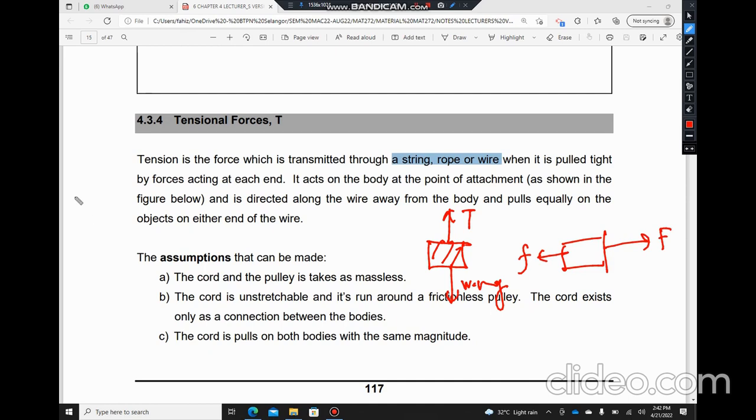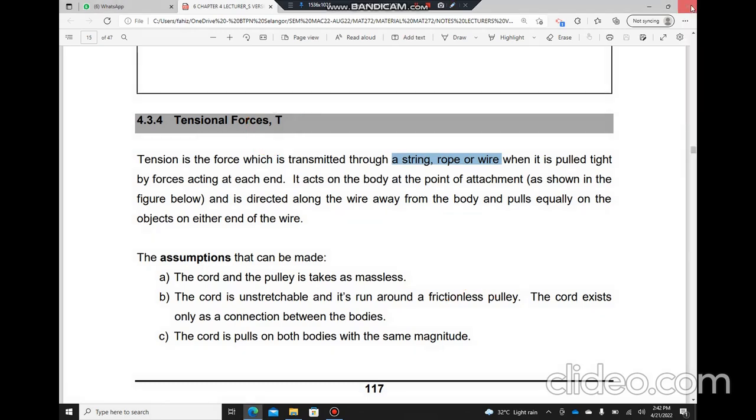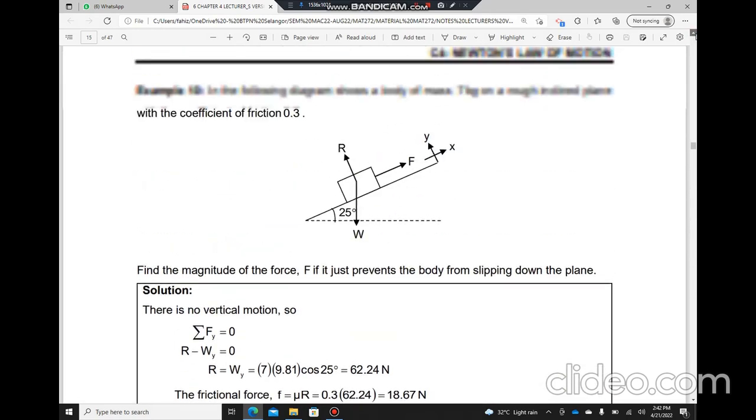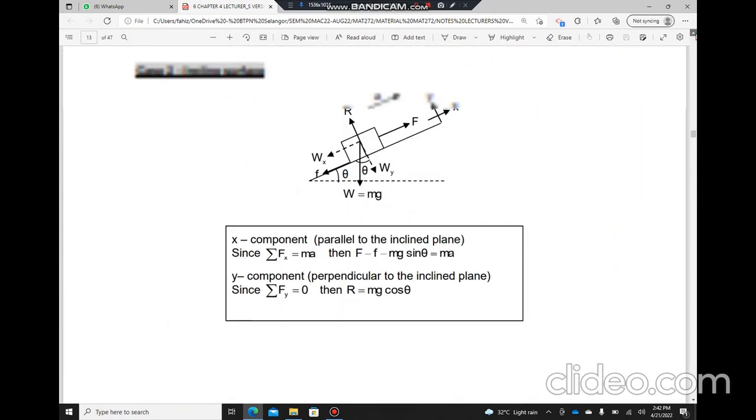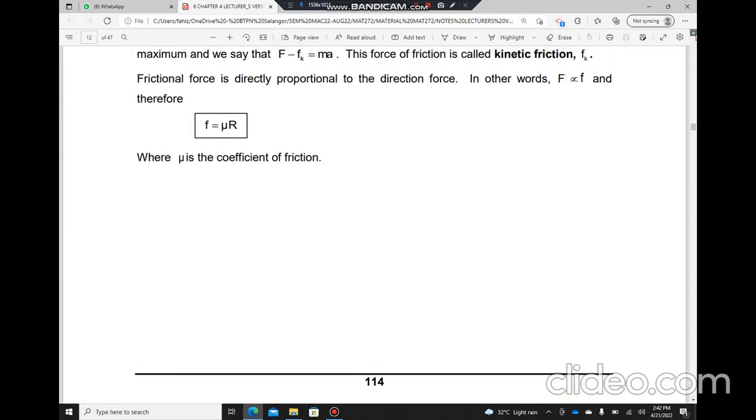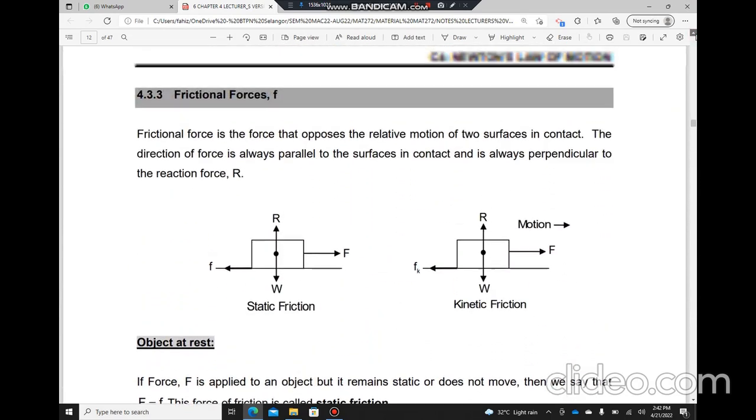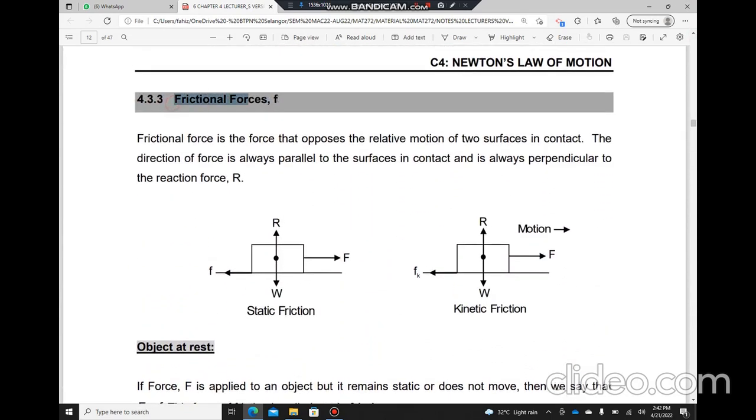So dekat sini we have 4 types of force which are T, tensional force. Okay, then we have F, frictional force.